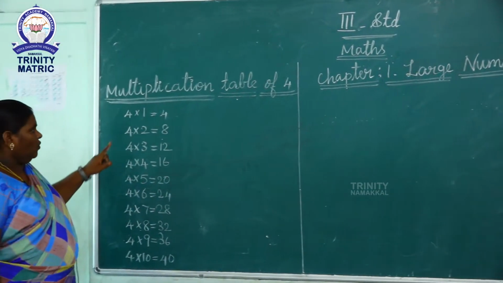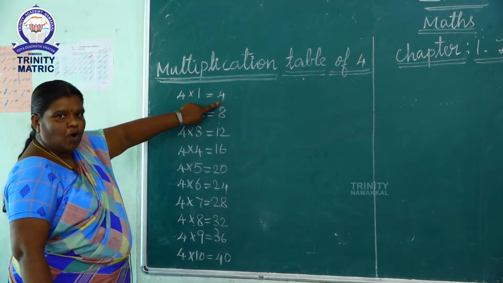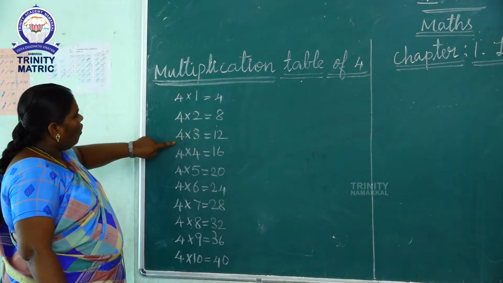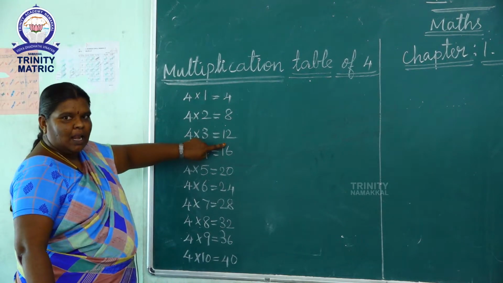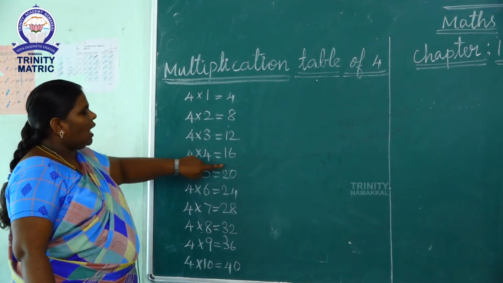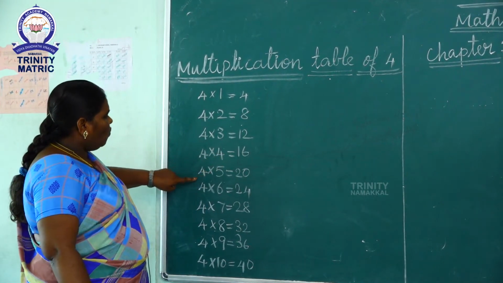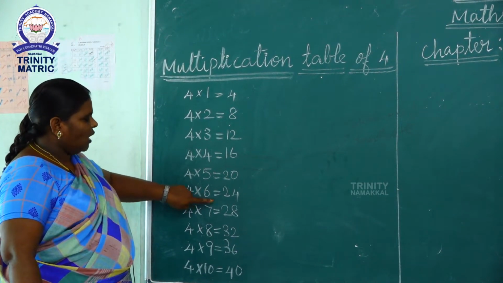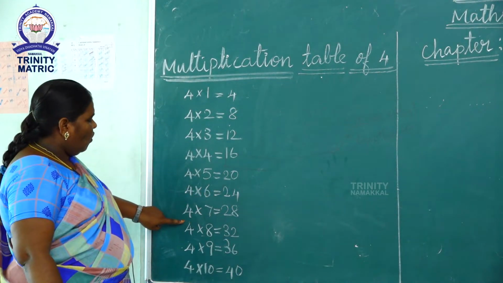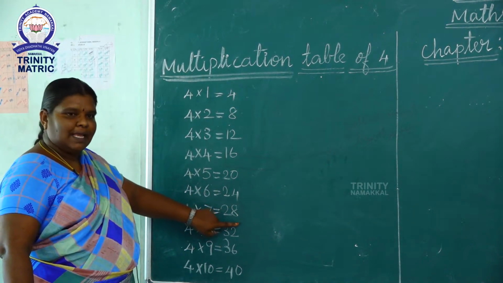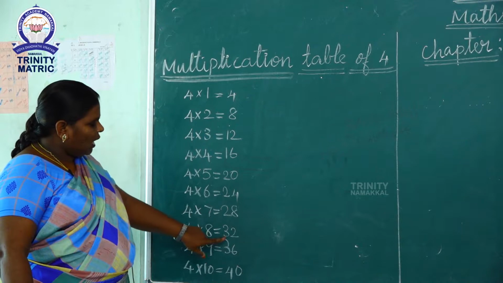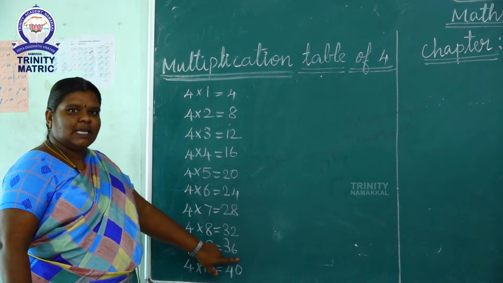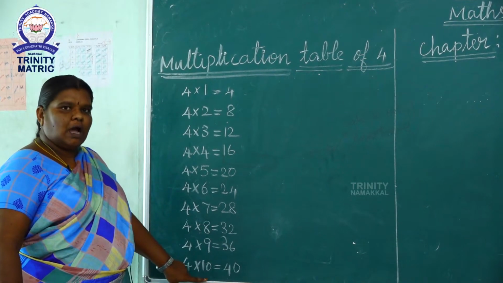Say all of you: 4 1s are 4, 4 2s are 8, 4 3s are 12, 4 4s are 16, 4 5s are 20, 4 6s are 24, 4 7s are 28, 4 8s are 32, 4 9s are 36, 4 10s are 40.